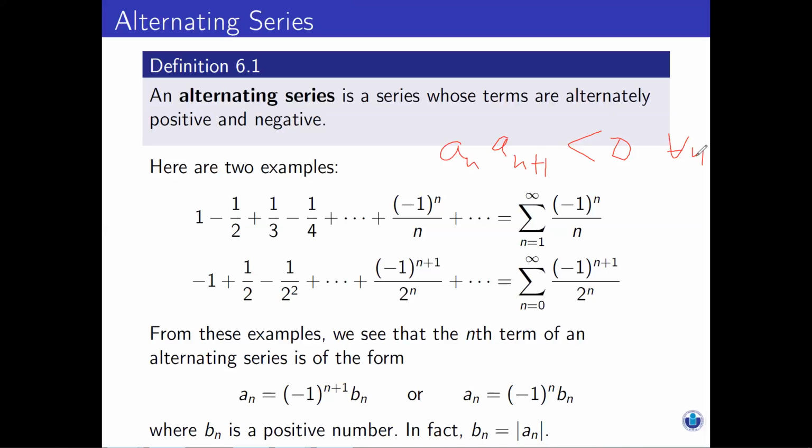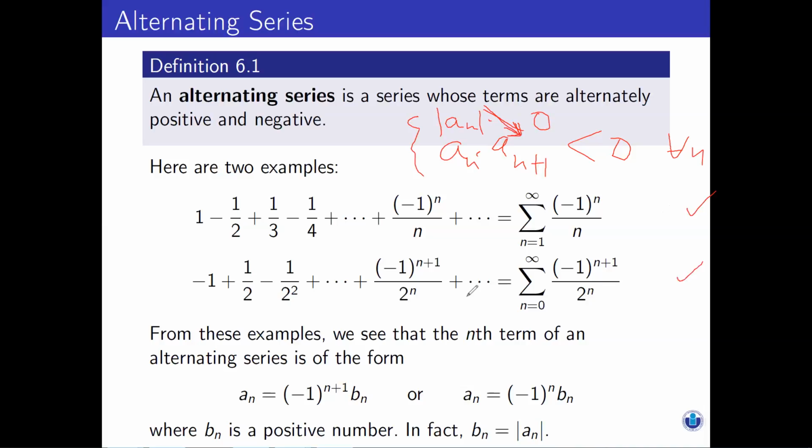Then for this series, we have a very important theorem which says that if you have this and also the size of the terms go to 0 and decrease to 0. Not only does it have to go to 0, but it also has to decrease. Then the series converges. So for example, both of these converge.